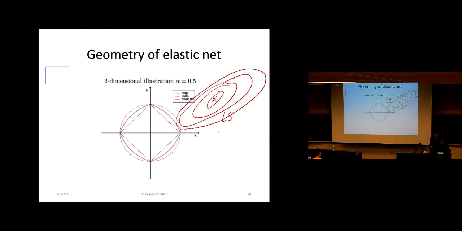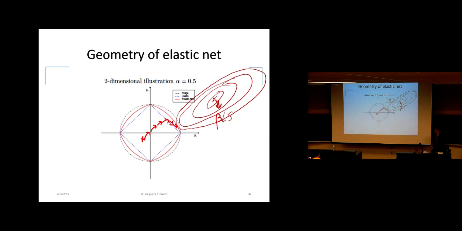This is the beta least squares solution. I'm assuming I move from here, and then hopefully here, and here, and I can't go outside this red shape. Every point needs to satisfy being within this red oval shape. Similar to before, it's just that the shape is slightly different from L1 and L2.